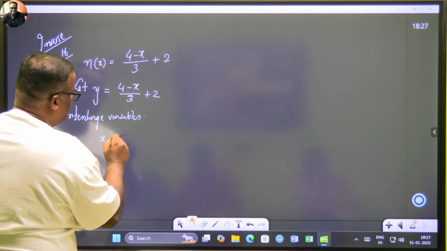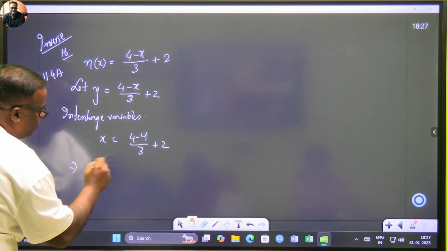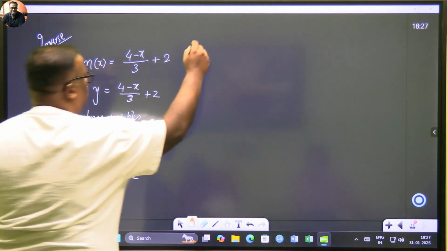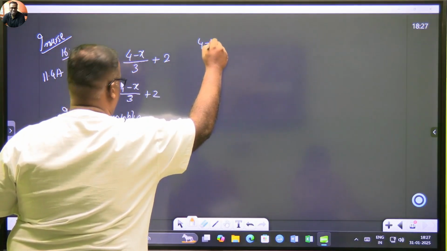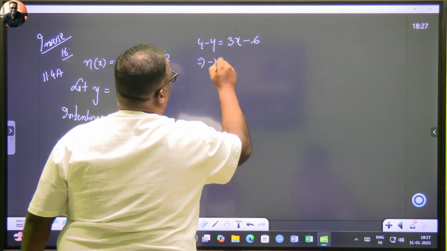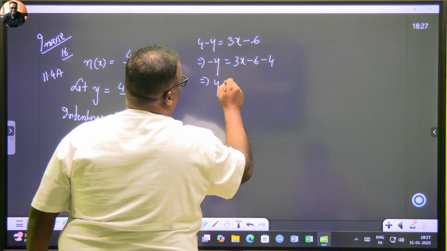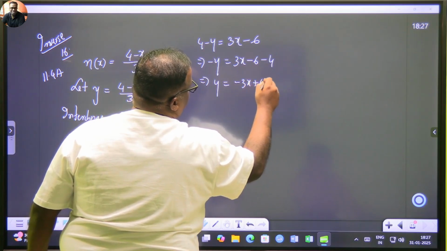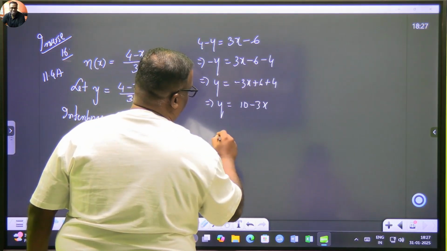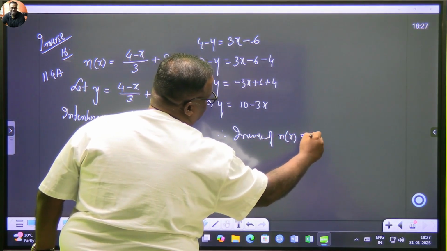What do you get? x is equal to 4 minus y by 3 plus 2, for which we say 4 minus y by 3 is equal to x minus 2, or we say 4 minus y is equal to 3x minus 6, or we say negative of y is equal to 3x minus 6 minus 4, or y should be equal to negative 3x plus 6 plus 4, or y is equal to 10 minus 3x. Therefore, inverse of n(x) is equal to 10 minus 3x.